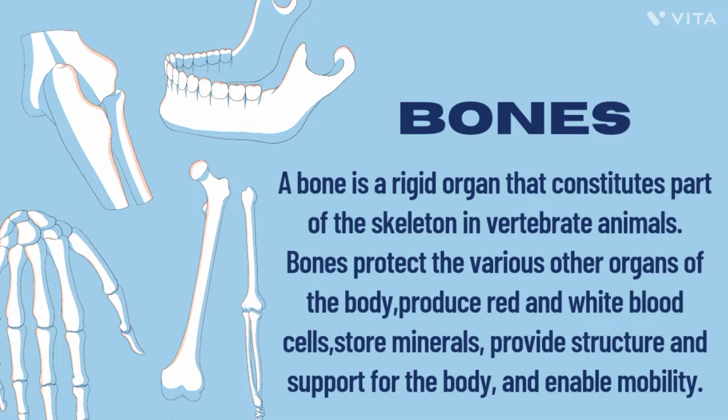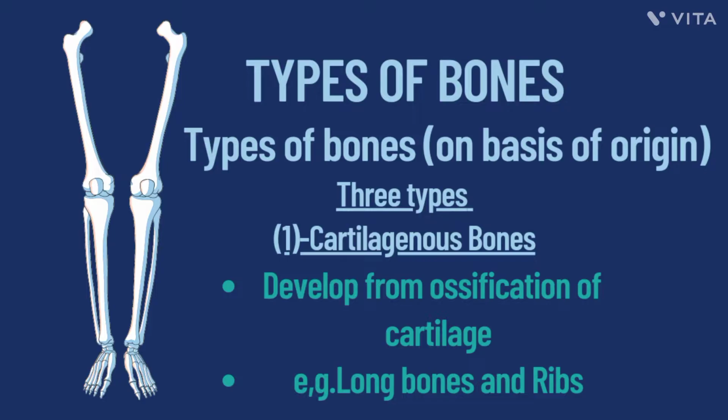It is a living tissue. As a function of bone, they contain RBM, meaning red bone marrow, and they produce RBC and WBC and also store some minerals. When a deficiency of that mineral occurs, then bones act as a reservoir and provide that mineral to blood.